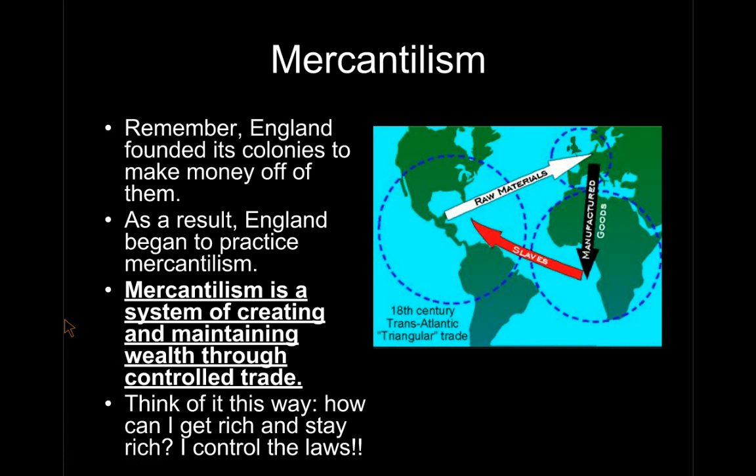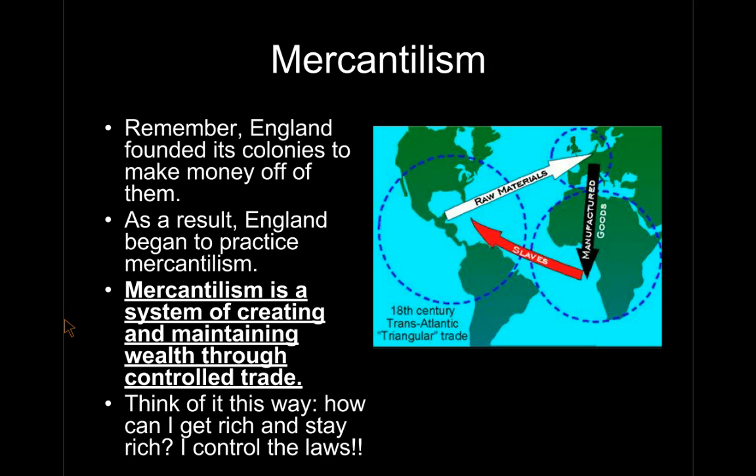Okay, let's talk a little bit about mercantilism. Remember, England founded its colonies to make money off of them. And when people are making money, they try to make as much money as possible, as I'm sure you've experienced yourself. So as a result of wanting to make a lot of money, England began to practice mercantilism.